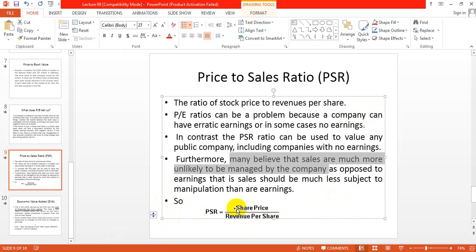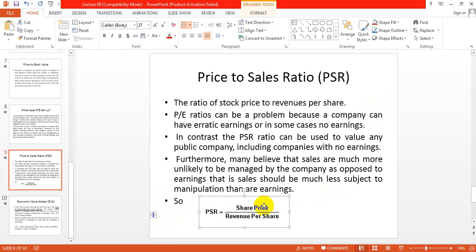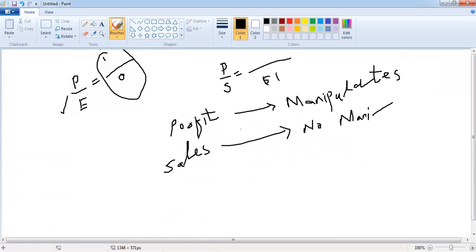So PSR is equal to share price in the market divided by revenue per share. How will you calculate the revenue per share? Revenue per share is equal to total revenues of the company divided by number of shares.